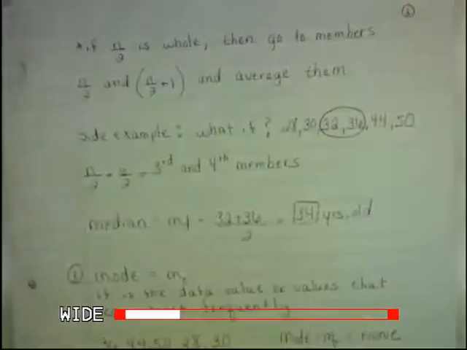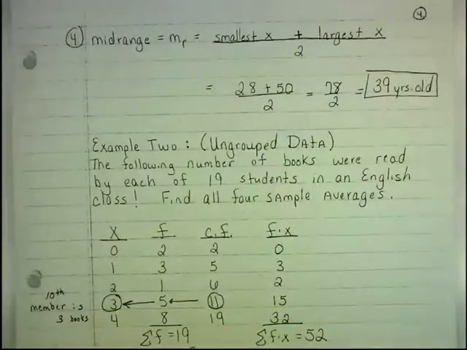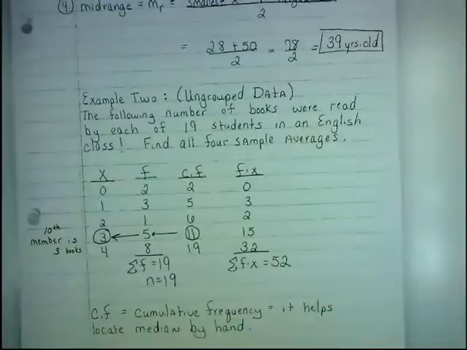For example number 2, I wish to show you an example of ungrouped data. The following number of textbooks were read by each of 19 students in an English class. Find all 4 sample averages.